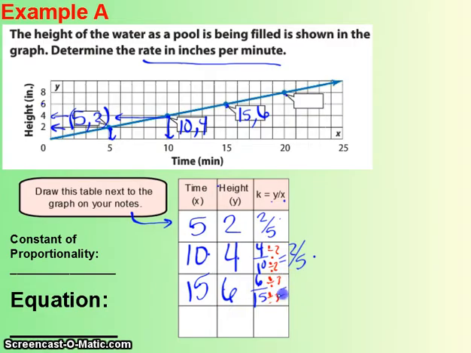And that leaves me with 2/5, okay? So I've checked 3 of them. I'm pretty certain that my constant of proportionality is 2/5. And yes, it can be a fraction, that's okay. So let's write down our equation. Our equation is y equals 2/5 x.